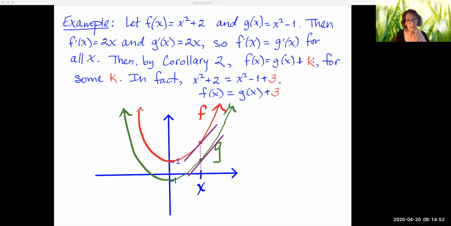So I just drew a tangent line on the graph of f at the point x, and I drew the tangent line on the graph of g at the same point x, and they're parallel. And that's because the derivatives are equal. F prime of x is the same as g prime of x. So those two tangent lines have the same slope.